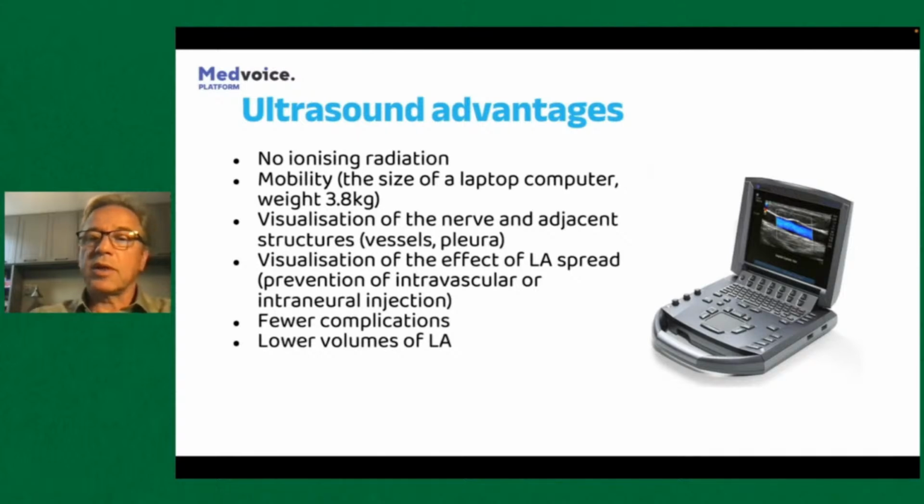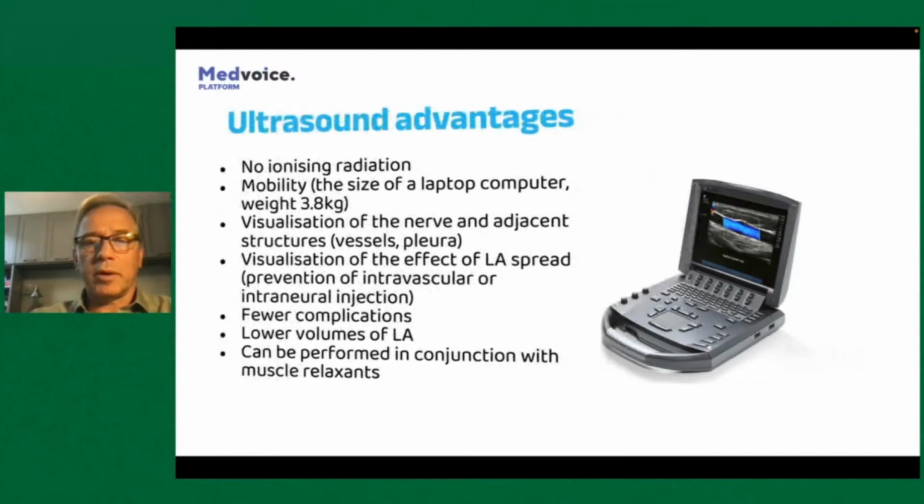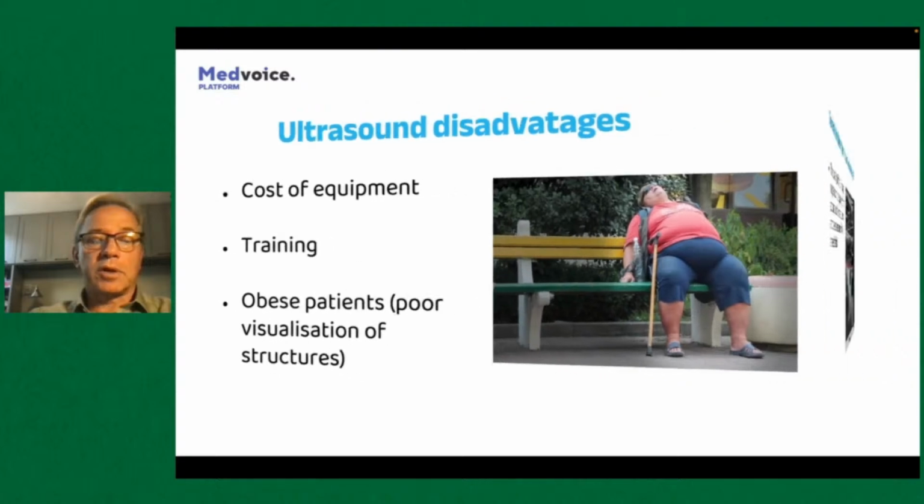Hence, you will reduce the incidence of LAST. And it can be performed with muscle relaxants, so you can intubate, paralyze this patient, and still use the block. What are the disadvantages? It's costly. It needs training, like anything. And of course, in the obese patient, everything is trickier, including poor visualization of the structures.